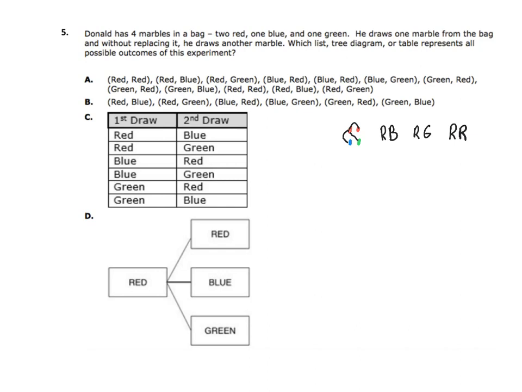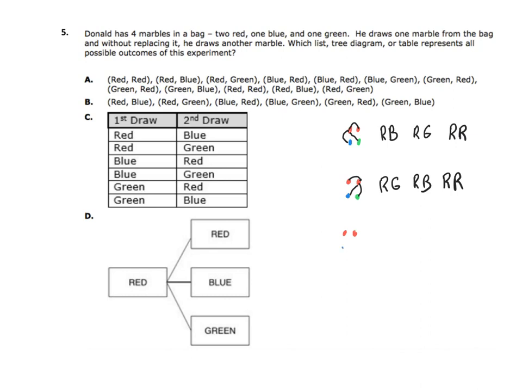So we have 3 outcomes right there. Now, let's start with the other red marble, if we were to draw the right marble first. So we have, again, red to green. We have red to blue. And red to red.